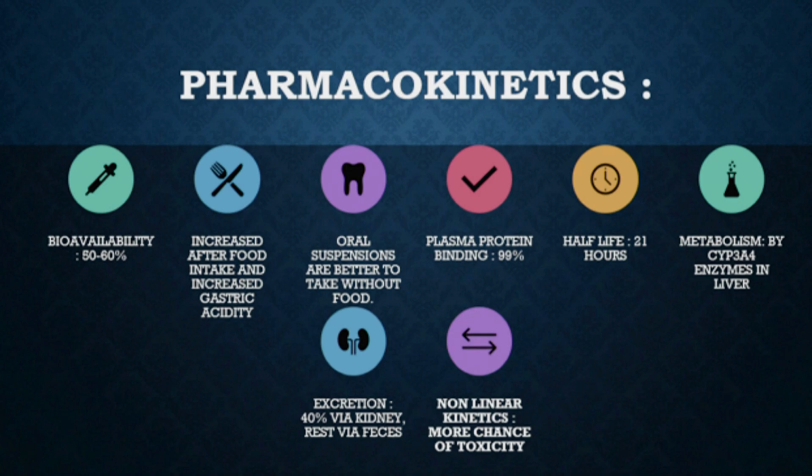It varies depending upon the fed as well as the fasting state, and it is more bioavailable after food intake and with increased gastric acidity. So, it should be taken after food. However, there is a preparation called oral suspension which contains cyclodextrin components that are better absorbed on an empty stomach.